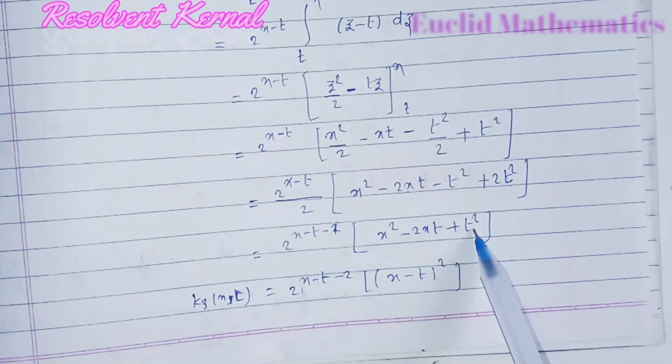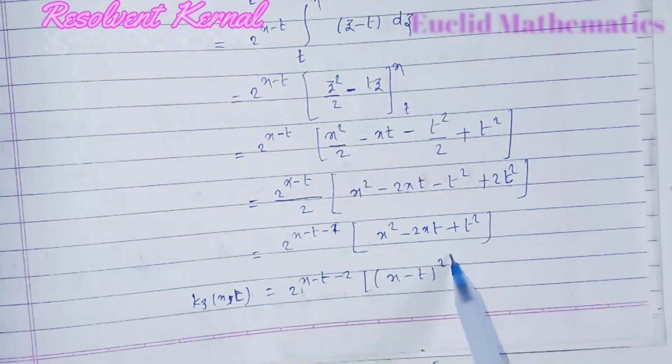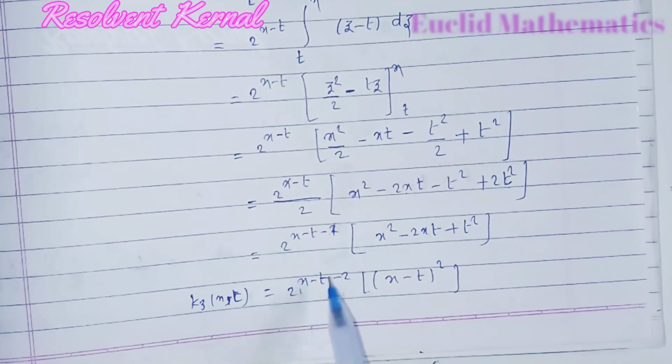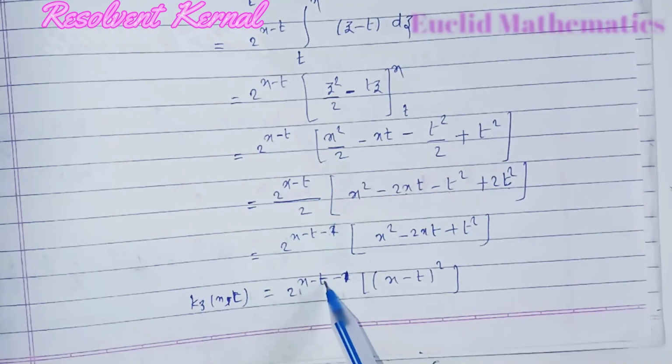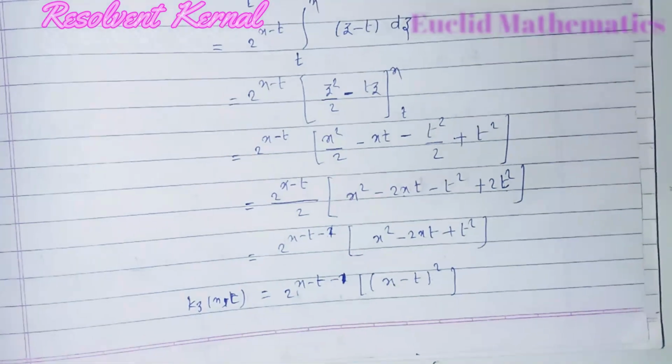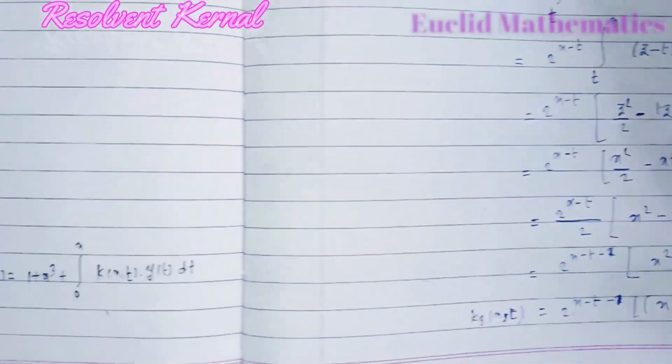That means it remains plus t square, so this is the expansion for x minus t bracket square. So I got the k3 of xt, which is 2 raised to x minus t minus 1 into x minus t bracket square. This is the required iterated kernel which we want in our example.